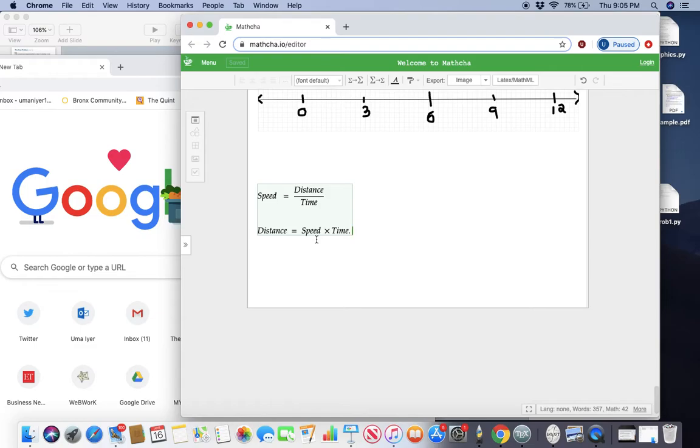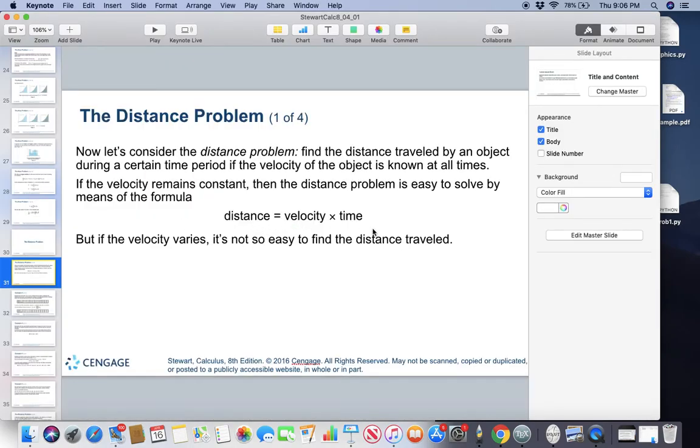Suppose you're driving 30 miles per hour for 1 minute, then 32 the second, 35 the third, and then 29 the fourth, and so on. Then this formula doesn't work because the entire time period of 1 hour or 2 hours, your speed has been changing. All right. So the problem is easy if the speed is constant. That's all they are saying.